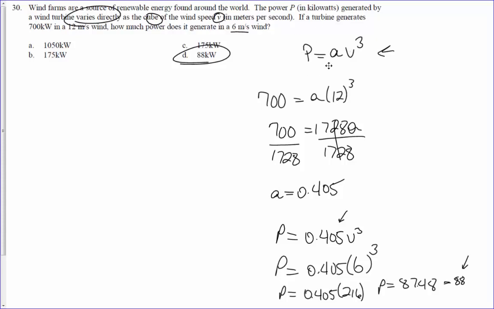So now we have our equation, and then we need to find A, because once we find A, we can simply plug in any wind speed and get the corresponding power that it generates. So we plug in what we know. We know 700 kilowatts of power are generated at a 12 meter per second wind speed. So we plug those in, solve for A, plug A back in, and then we put in the 6 meter per second wind because that's what we're trying to figure out, and therefore we can find the power.